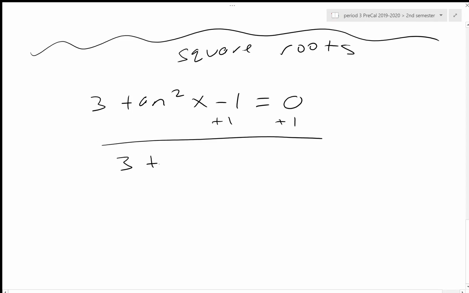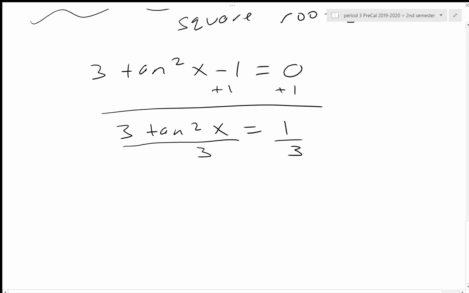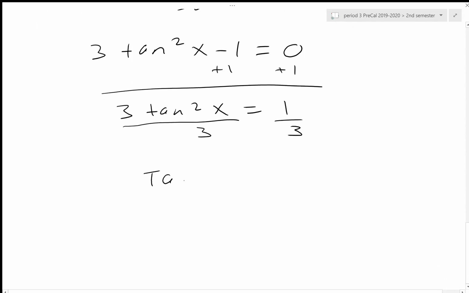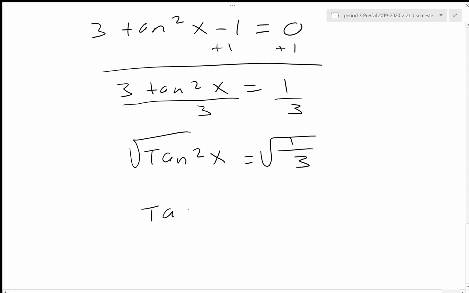You have 3 tangent squared x equals 1. Divide by 3. So tangent squared x equals 1 over 3. I'm going to square root both sides. So tangent of x equals plus or minus. We need plus or minus this time when we're taking the square root. Square root of 1 is 1. Square root of 3 is square root of 3.